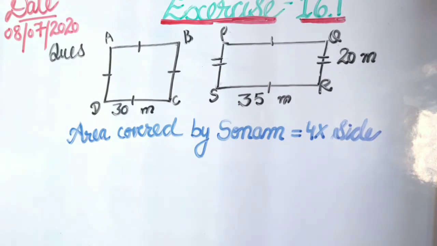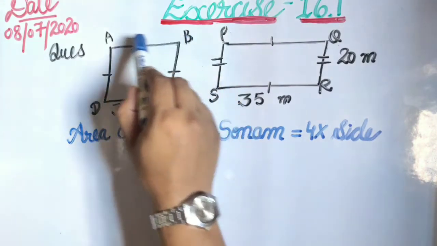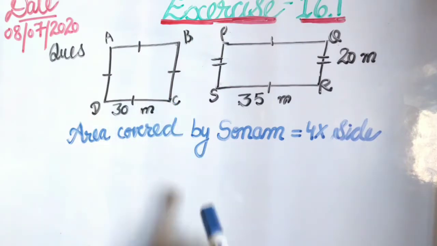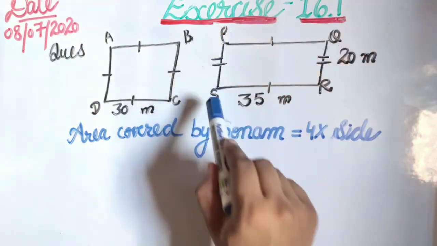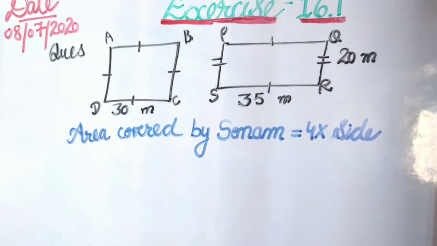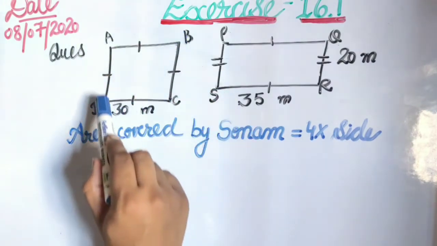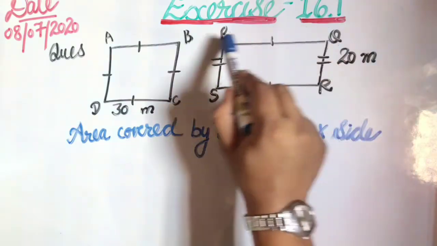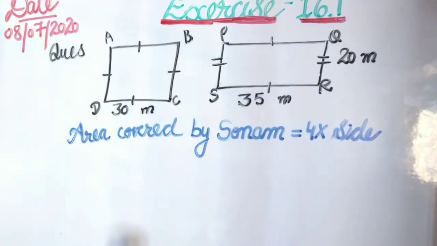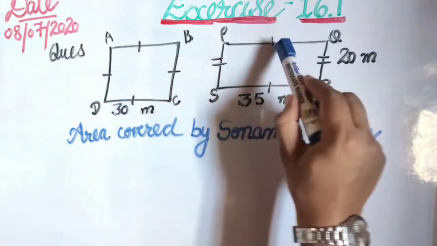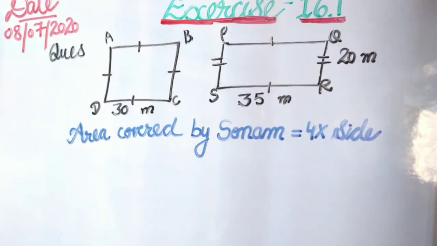Question is saying that Sonam is moving around the square park and Mehak is moving around the rectangular park. So students, we will find out the perimeter of the figures because they will move around on the boundary of the square and rectangle. They will not move in the center of the figure. Clear, everyone? And when we are talking about the boundary, it means we have to find out the perimeter.